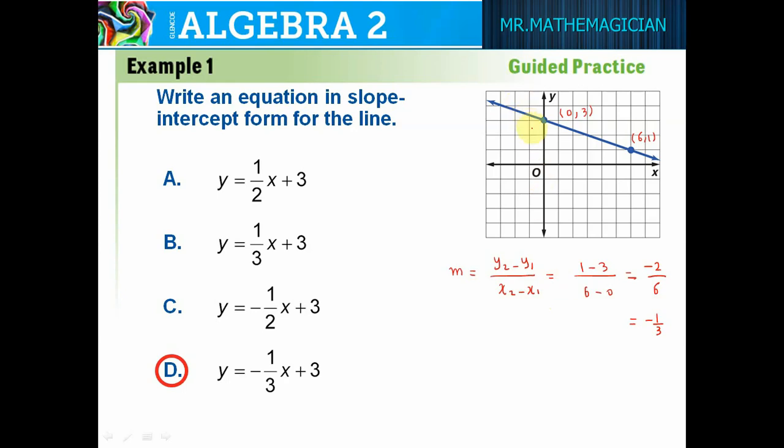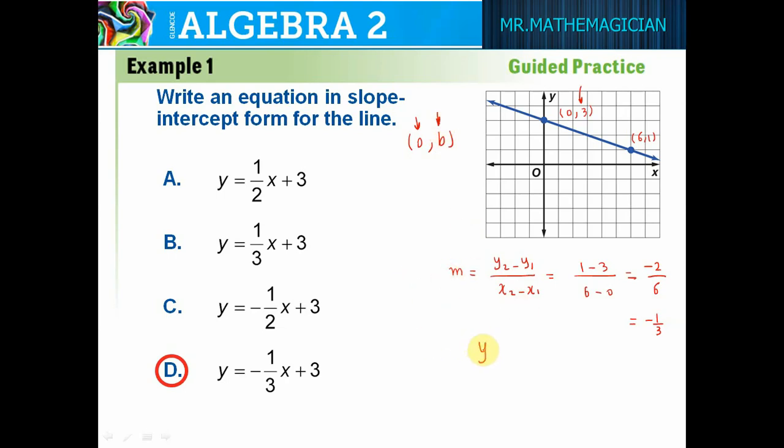Now here the y-intercept is clear, it's 3, because we have 0 here. If you have a point with x as 0, then the other number must be b, meaning the point 0 and b. So if this is 0, this is the y-intercept. It's clear, no need to substitute or to do anything.